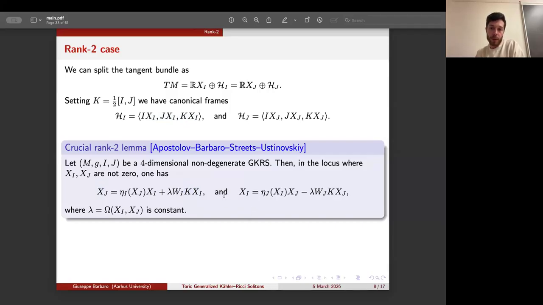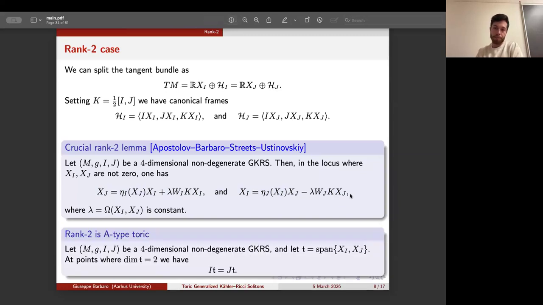Anyway, a direct and important corollary of this description of xi and xj, one in terms of the other, is that if you look at your torus, then I of the torus is equal to J of the torus. This condition is very important. It's probably not clear why in this slide, but it will be in the next one. But let's keep it in mind. This holds for the four-dimensional rank 2 case.